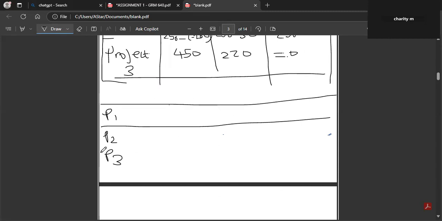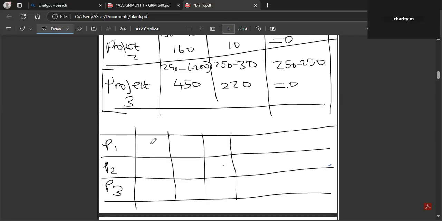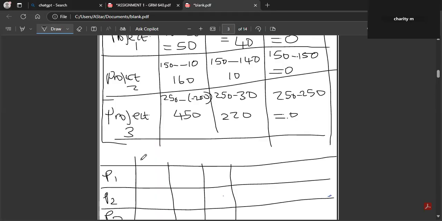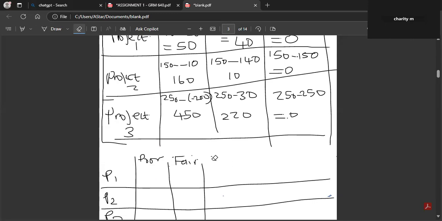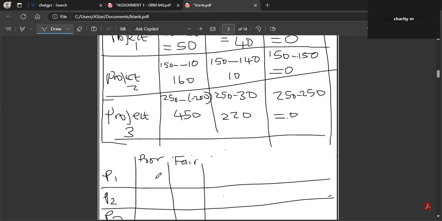Project 1, project 2, project 3. So we have these scenarios of the economy being poor, fair, and good.